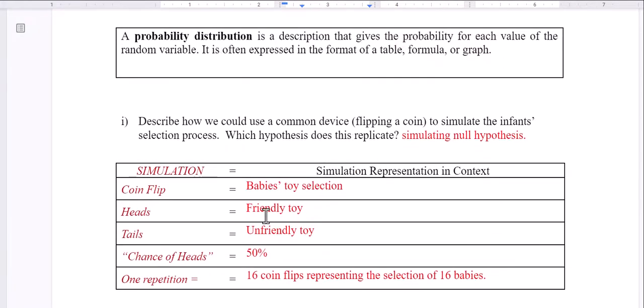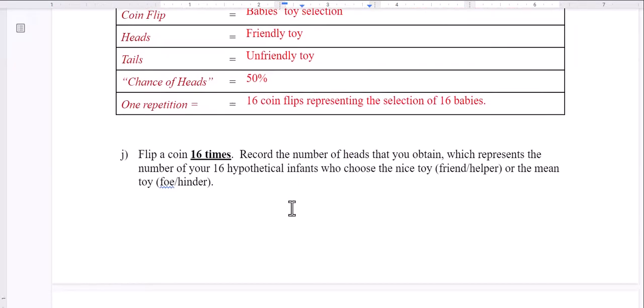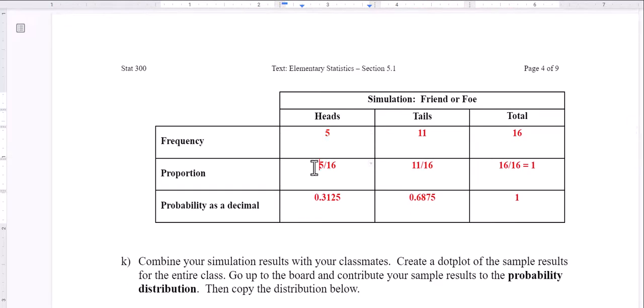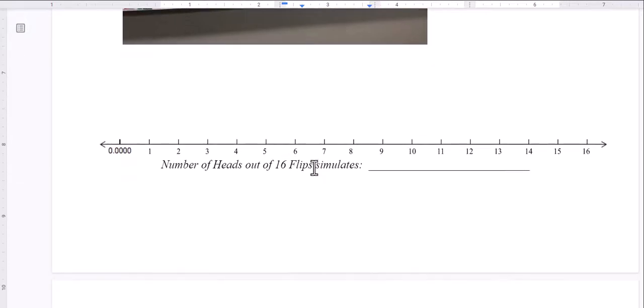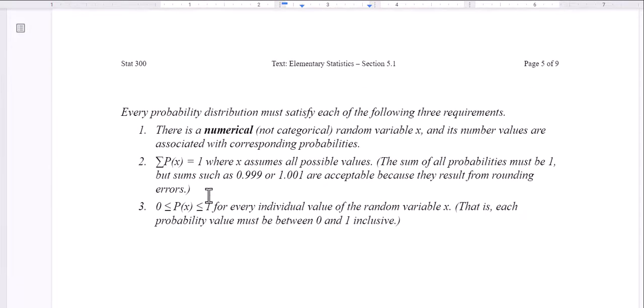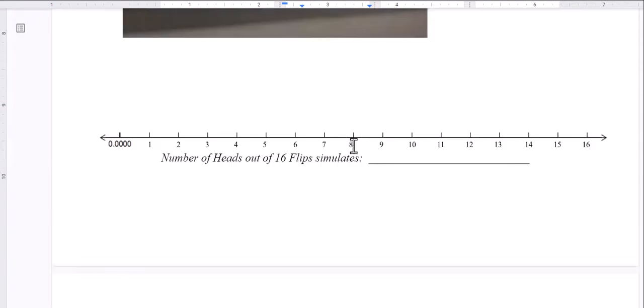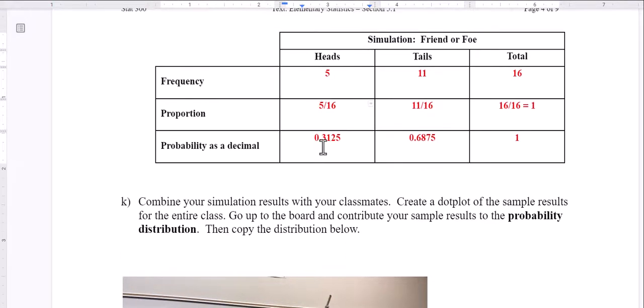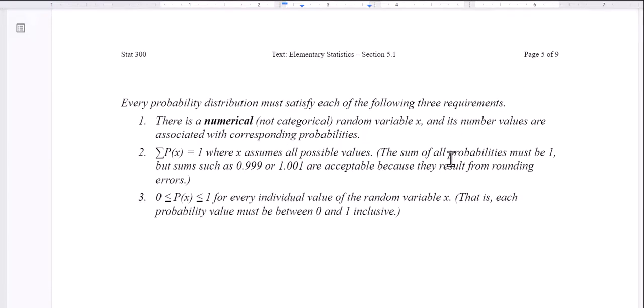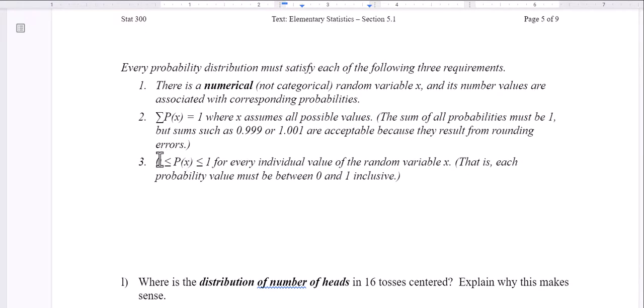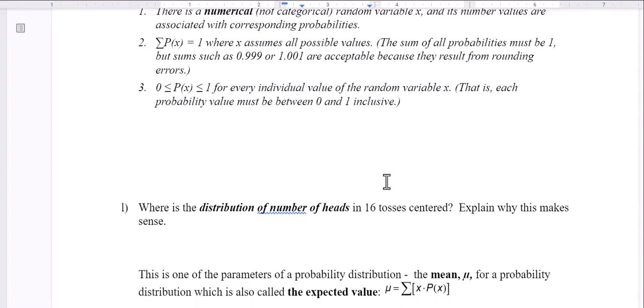We said heads is the friendly toy, so we're keeping track of how many times the friendly toy is chosen, and that is a numerical value. And then the sum of the probabilities is 1, where x assumes all possible values. So there are our probabilities, they add up to 1. And the individual probabilities should always be between 0 and 1.